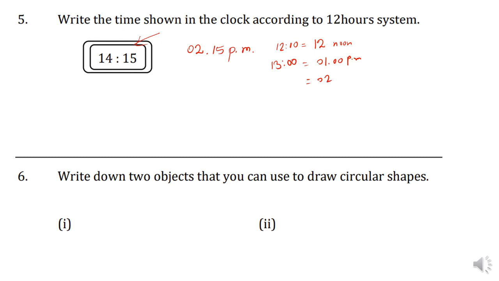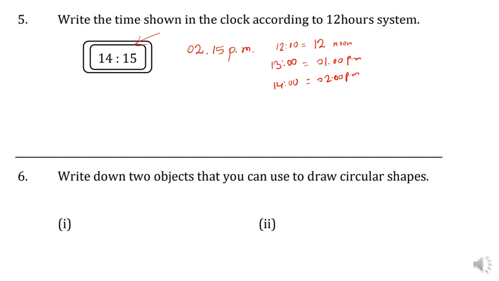If it is 2 o'clock, it is going to be 14. It is something like this, right? So I think you may understand this one. The clock system, 24-hour system and 12-hour system, right?